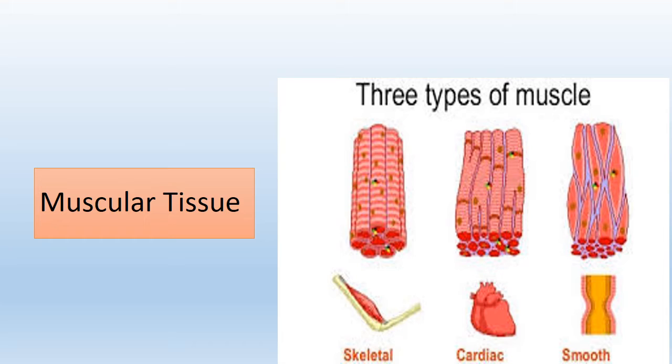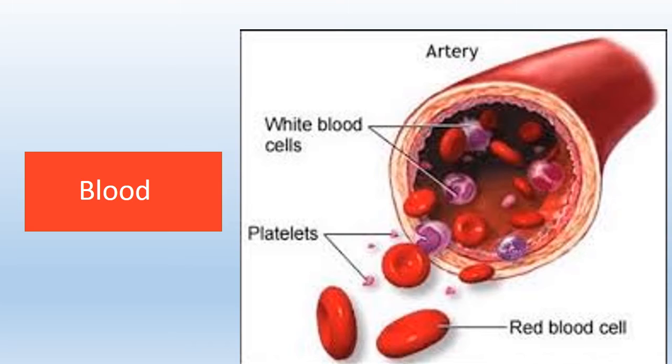These are responsible for the movement of the materials present in these muscular organs. So these muscles are also attached to the skeleton, responsible for the movement of the human body, like walking, running, and jumping.